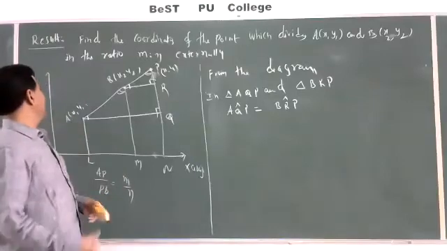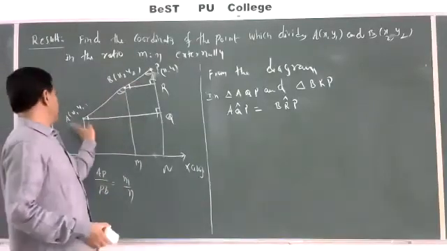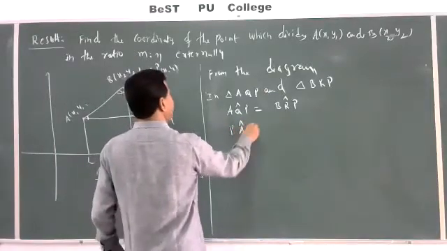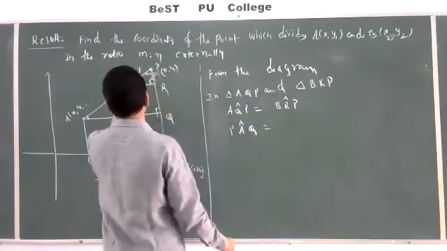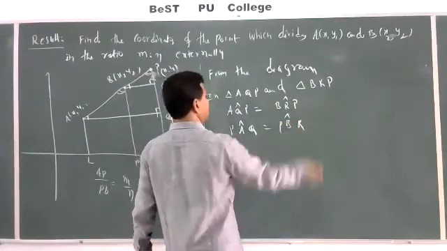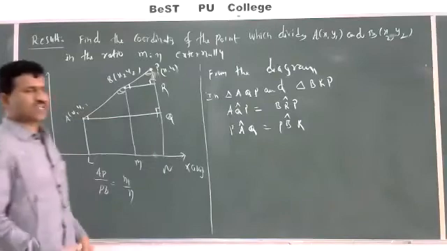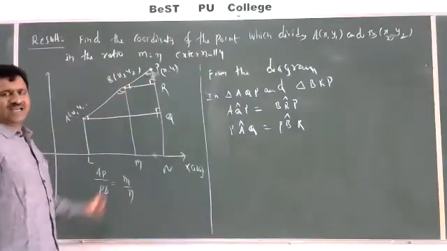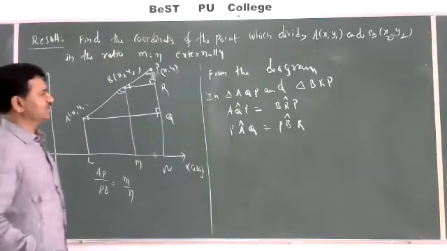Next, angle PAQ is equal to angle PBR, alternate angles. If a transversal cuts two parallel lines, alternate angles are equal and corresponding angles are also equal.